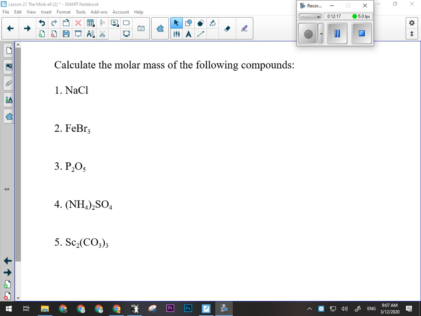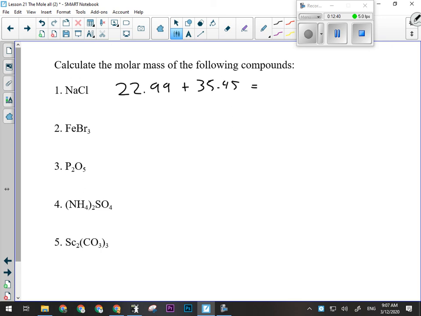Okay, so let's have a look at these ones here. Our first one, we've got sodium chloride. How many sodiums in this? 1. How many chlorine? 1. So we're going to go 22.99 grams per mole, that's the molar mass of sodium, plus 35.45, which is the molar mass of chlorine.